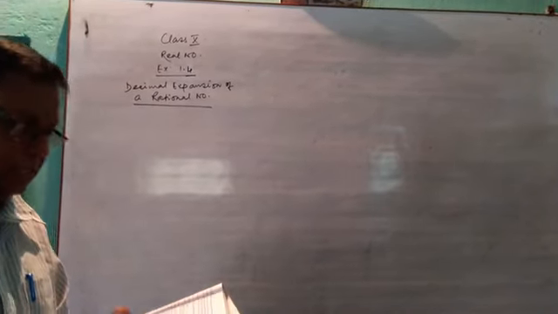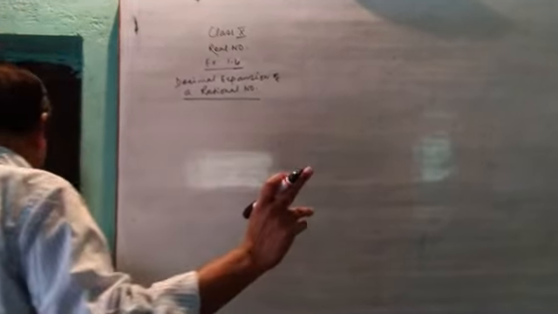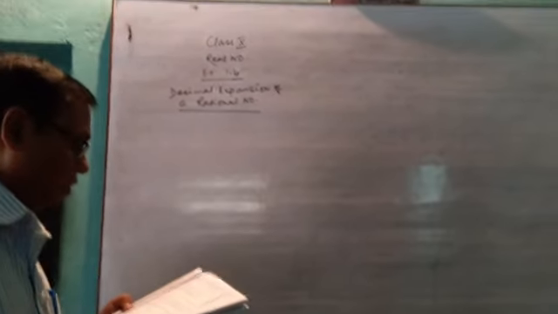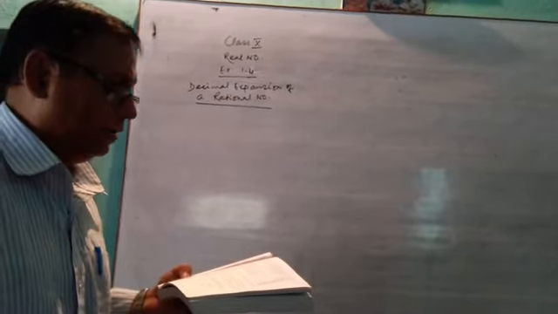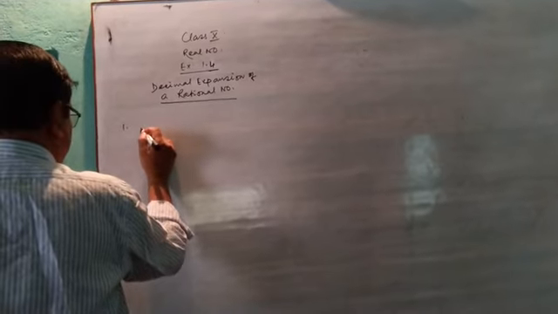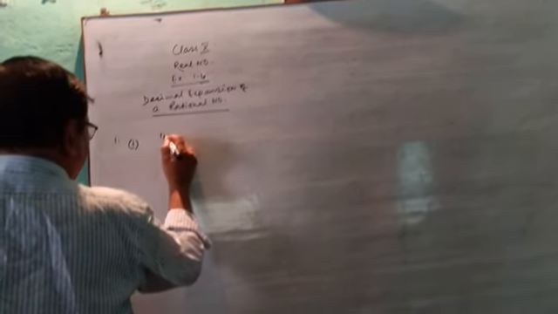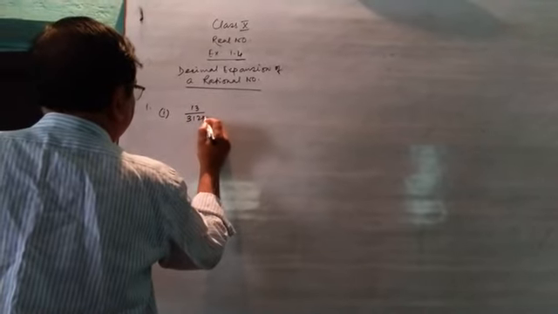In the first question, there are 10 questions. I will just pick up 3 of them. The very first: without actually performing the long division, state whether the following rational numbers will have terminating decimal expansion or non-terminating repeating decimal expansion. The first question of question number 1 is 13 by 3125.